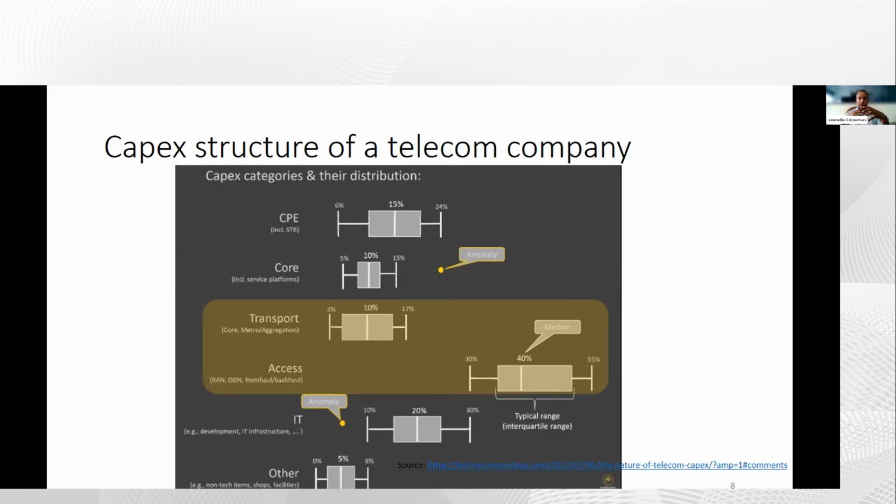But it's close to 50% of the total Capex model that we have, transport and access. So if you remove the fiber or the copper or the radio access part, and leave it alone, still it's a considerable amount, although it is shown as 10% for transport. Access also includes, because of front haul and back haul, transport.